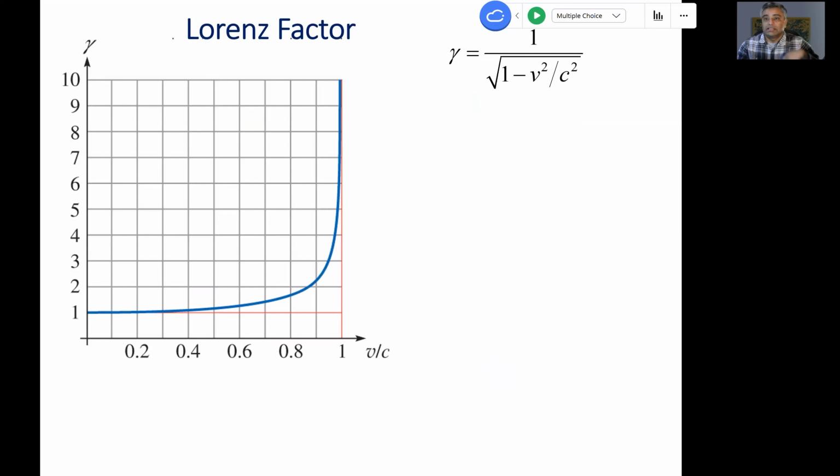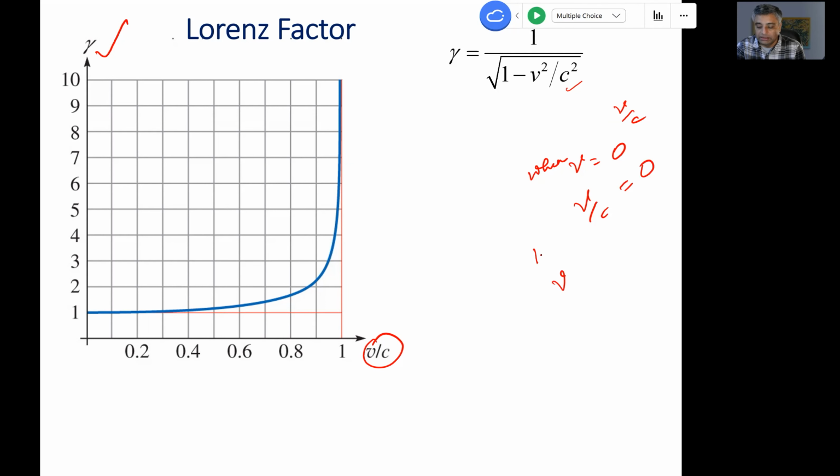So let's plot this thing here, gamma and v over c, just for convenience. That way we don't have to deal with large numbers, because c is a very large number, right? So what we are doing is plotting v over c. When v is equal to 0, v over c is 0.